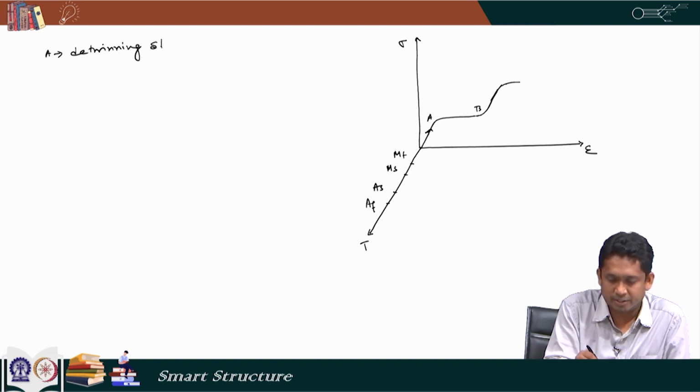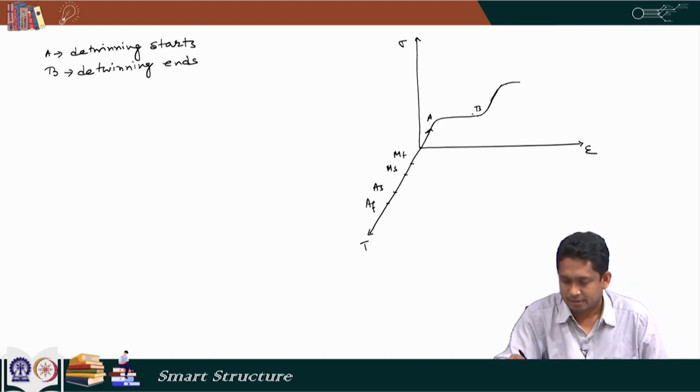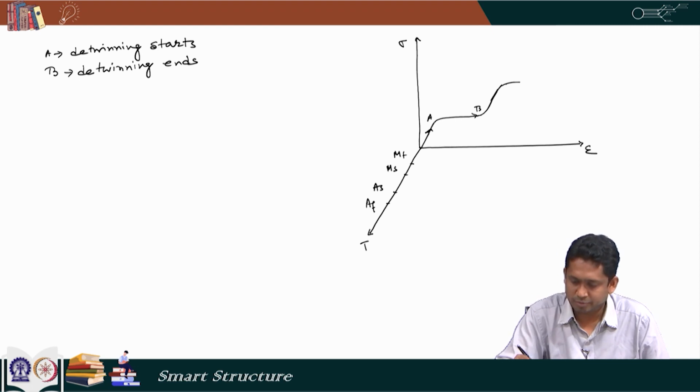At point A detwinning starts, at point B detwinning ends. Now, before detwinning, when the material is linear, if we unload it, it follows the same path and it becomes 0.